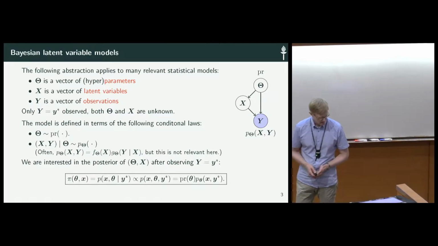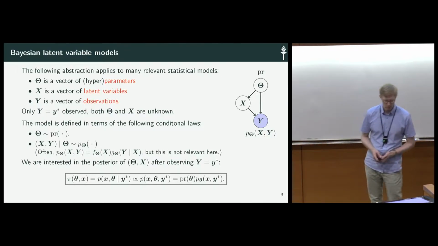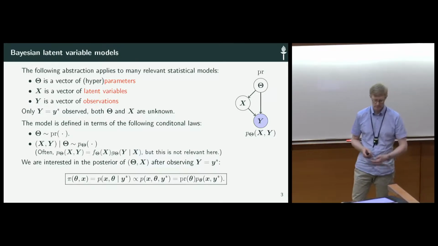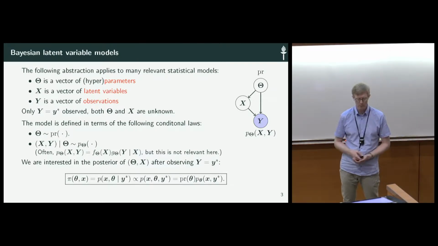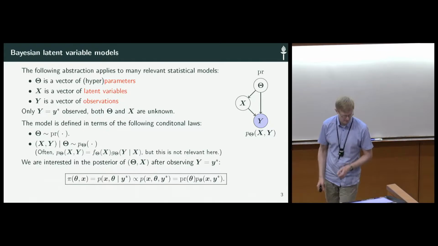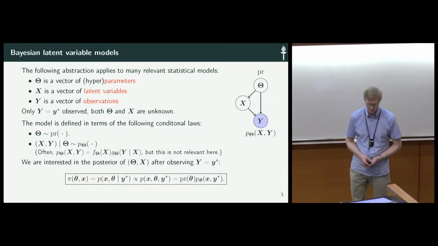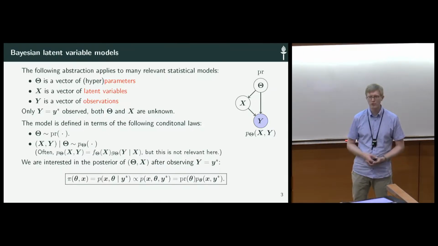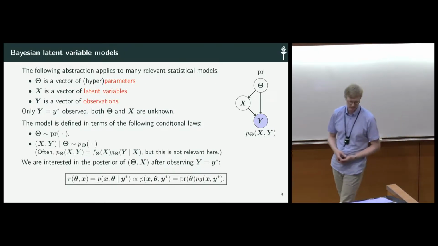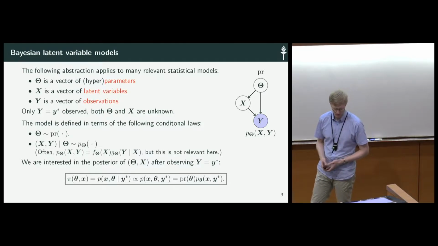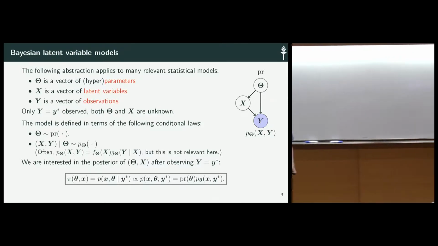Right, and basically we have joint laws, we have conditional laws for those. So we have some prior distribution or prior density for the hyperparameters, and then a joint distribution for the latents and the observations given each hyperparameter combination. And often you have much more structure in the model, but it's not so relevant for this talk, so I can keep this rather abstract.